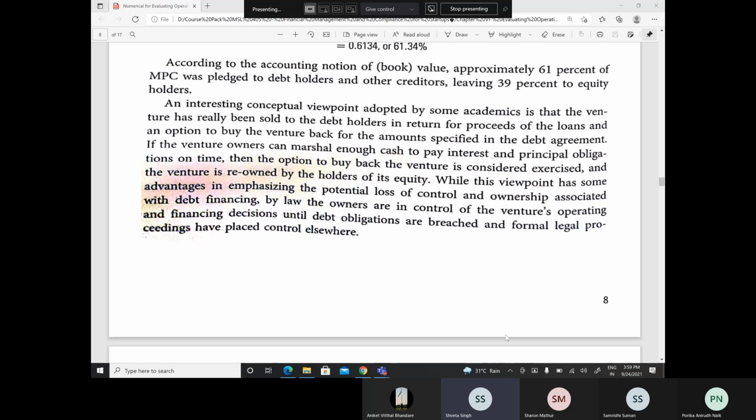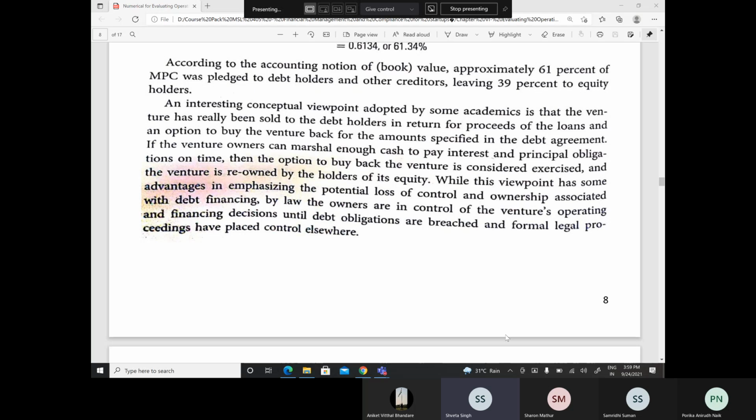If the venture owners can marshal enough cash to pay interest and principal obligations on time, then the option to buy back the venture is considered exercised and the venture is re-owned by the holders of its equity.